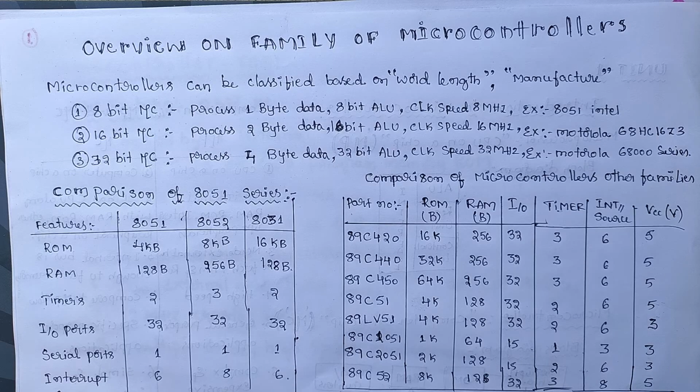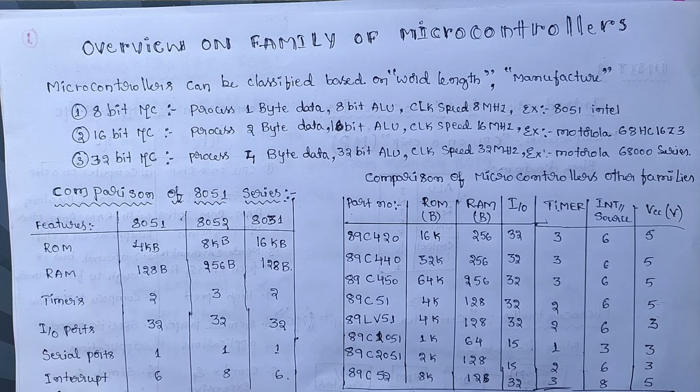The 16-bit microcontroller processes 2 bytes, that is 16 bits of information at a time, because it has a 16-bit ALU and 16-bit internal bus structure, and its clock speed is 16 megahertz. The 32-bit microcontroller is able to process 4 bytes at a time, because it has a 32-bit ALU, internal bus structure and IO ports, and its clock speed is 32 megahertz.